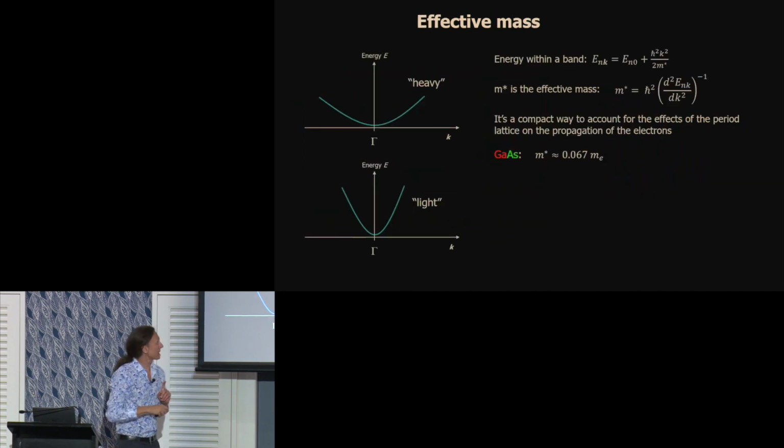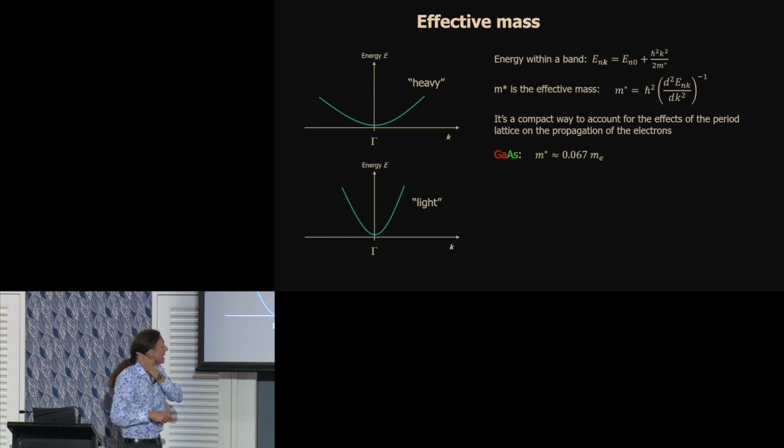Now, effective mass, again, this is basic band structure. If you look at the bottom of the conduction band and you want to describe an electron wave packet that moves across the crystal, it will have an energy, which is the energy of the bottom of the band, plus h bar squared k squared over 2m star, where m star is the effective mass of the electron. It's not just the electron mass, and it's essentially the inverse of the curvature of the band. Okay?